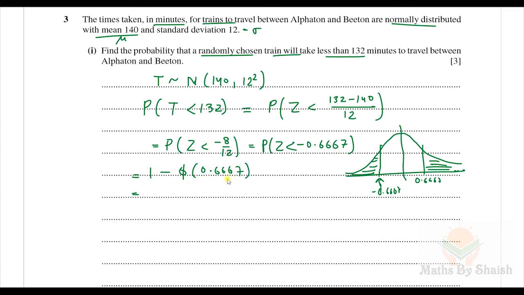Now we can get the values from the distribution table, and it is 1 minus 0.7477 from the table, and hence it is going to be 0.2523. This is the probability that the time will be less than 132 minutes.